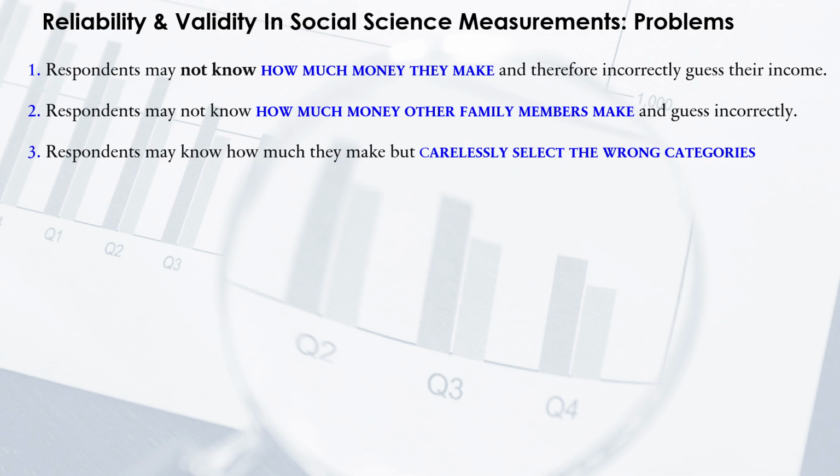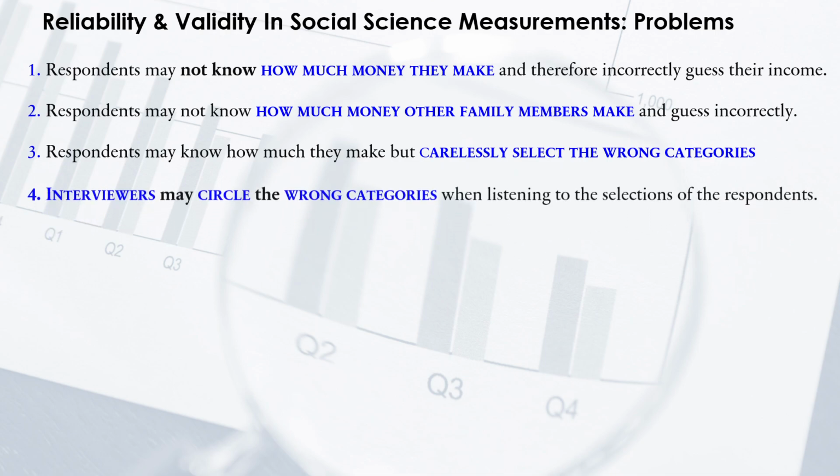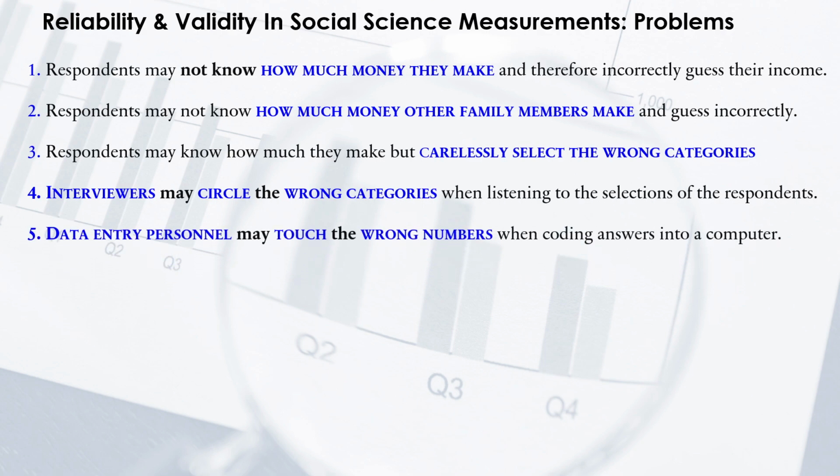People might overestimate or select wrong categories when filling in questionnaires. Interviewers may also circle the wrong categories. So, for example, this is simply asking people how much money they make, and you see all these kinds of threats. Data entry personnel may touch the wrong numbers, and then you have incorrect numbers.